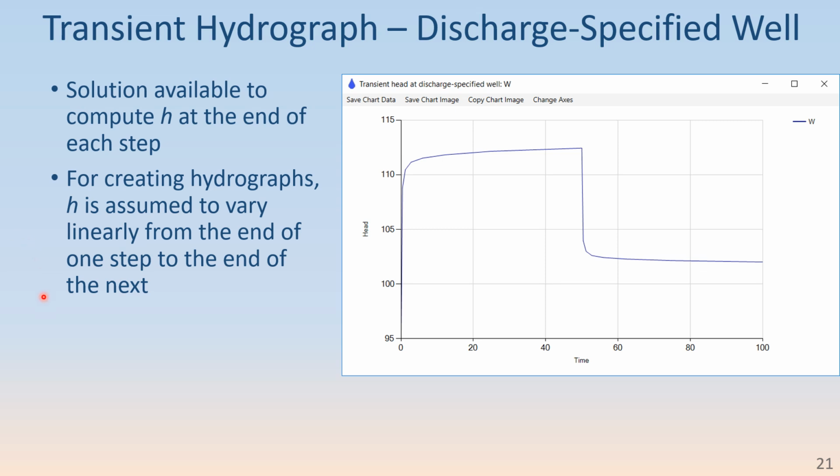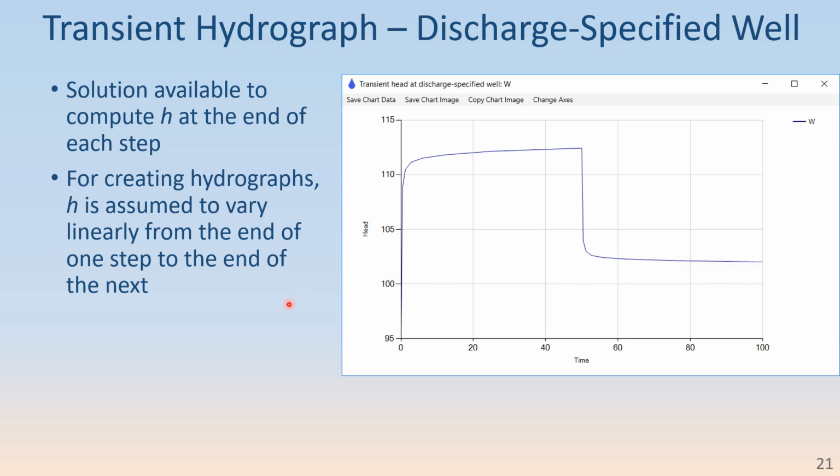Here's an example of head versus time at a discharge specified well that turns on for a 50-day time period, and then its discharge is reduced after 50 days, so that you get a decline in head over time in that second period.